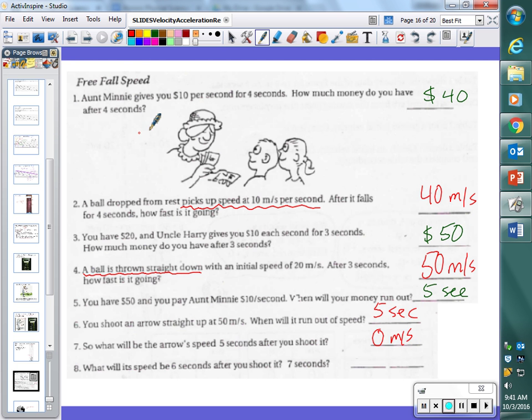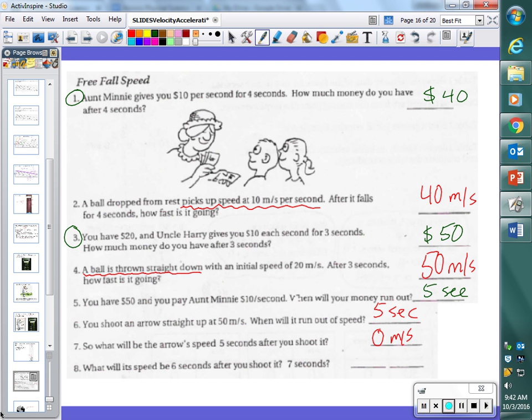In question number 3, even though we already started with $20, we were still gaining $10 every second. The acceleration of gravity affects all objects regardless of what they were doing. That acceleration of gravity will change the velocity of the object by 10 meters per second for every second that goes by.